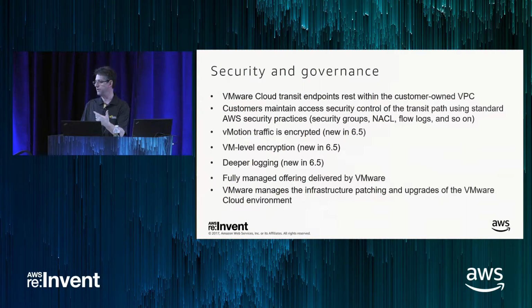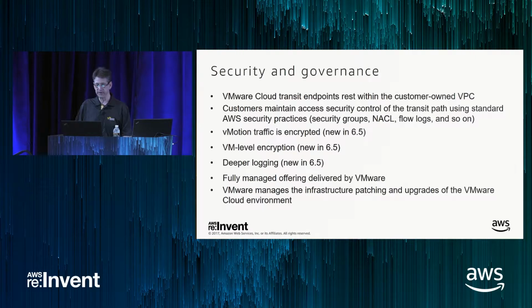We expose an endpoint that is very similar to a VGW. And so if you want to target an endpoint in the VMware Cloud VPC, which has a different address space than your private VPCs, you would use the same construct you would use with a VGW to target on-premise address spaces, to target VMware VMs.